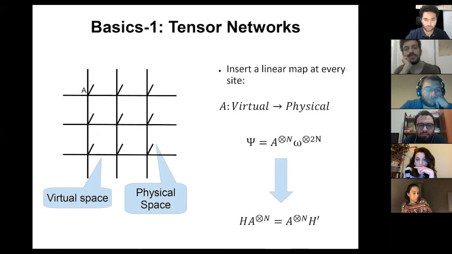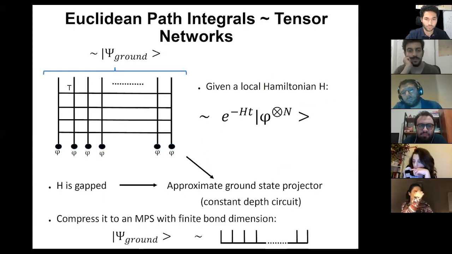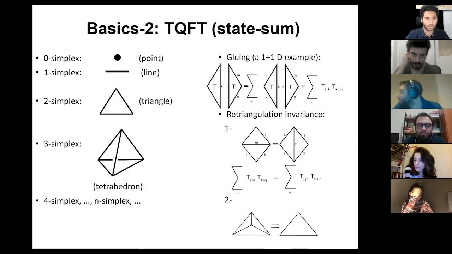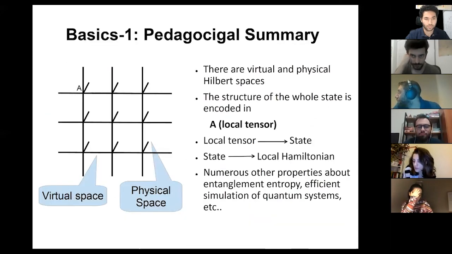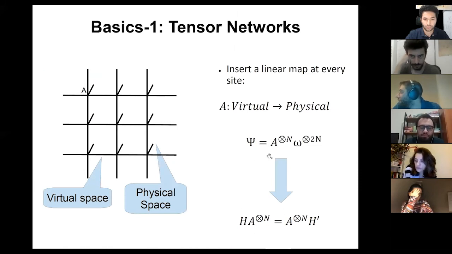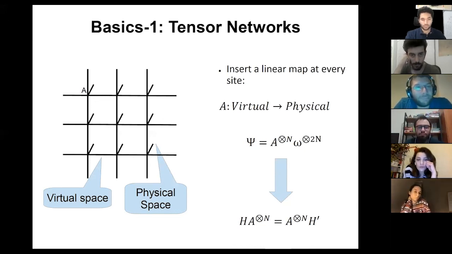So that's the first thing. The second thing is that one may simply forget about this. One may simply say that, well, we just want to have some topologically ordered states, and I don't care whether it's a ground state of a Hamiltonian or not. And that's completely fine.